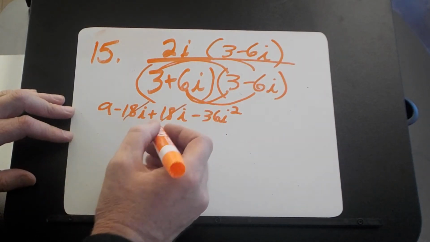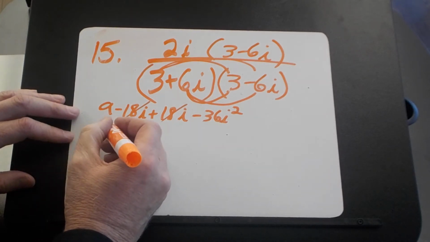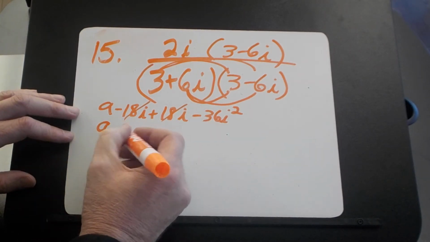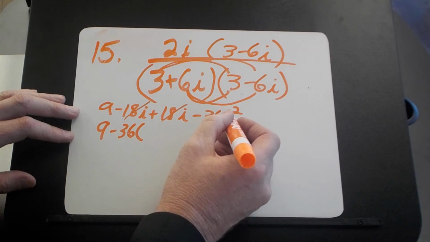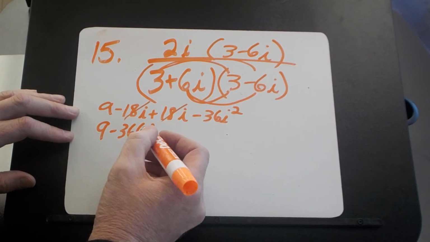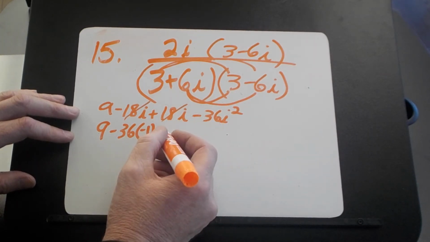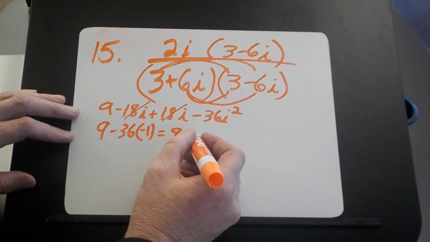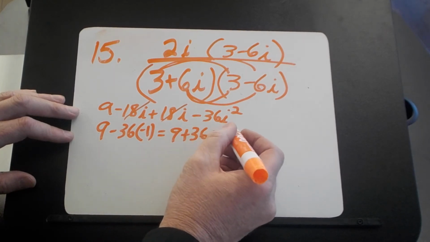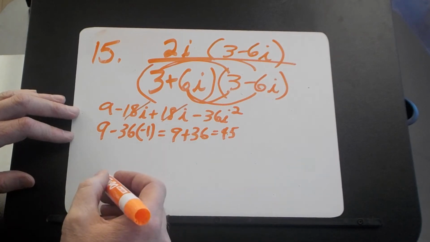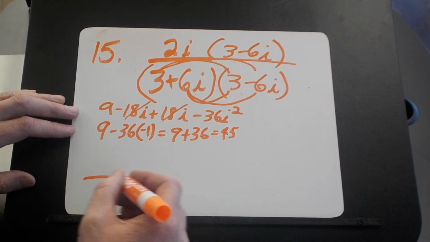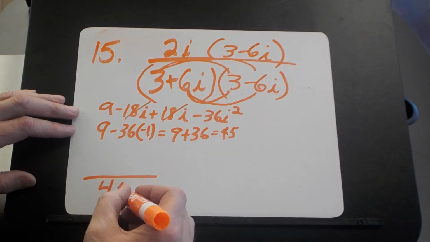The negative 18i and positive 18i cancel, and you've got 9 minus 36 times i squared, and i squared is negative 1. And that is 9 plus 36, which is 45. So there's my denominator. I'm going to write it down here. My denominator is 45.